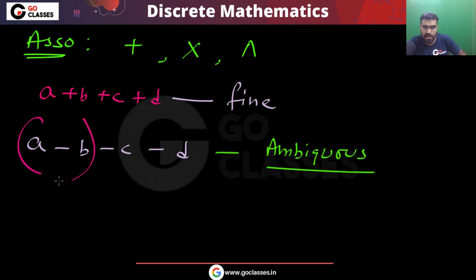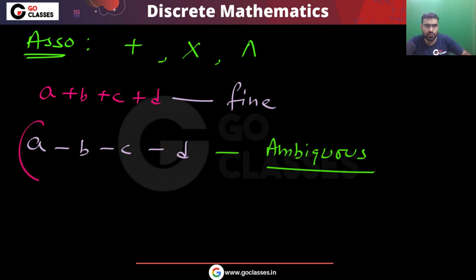For example, I should give proper parentheses to show how I want it evaluated. If I want to start with B minus C, I should put this bracket. If I want to start with A minus B, then I should put this bracket.